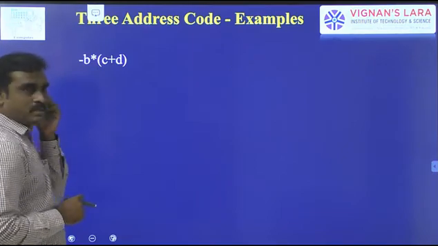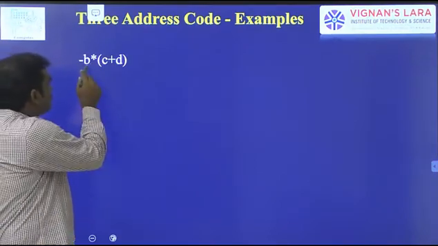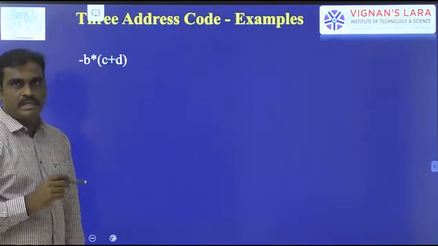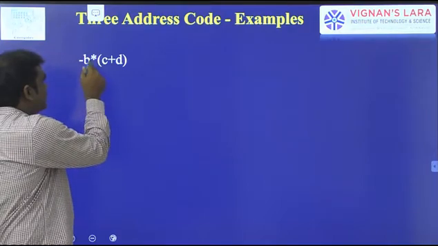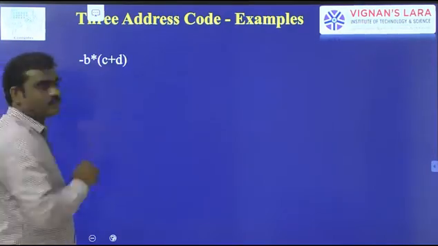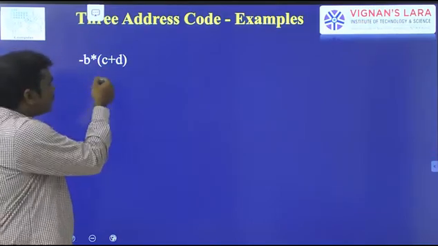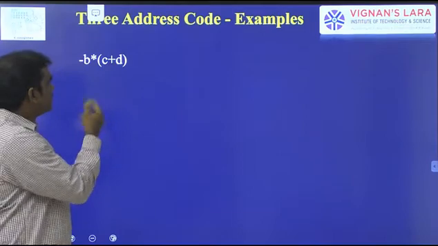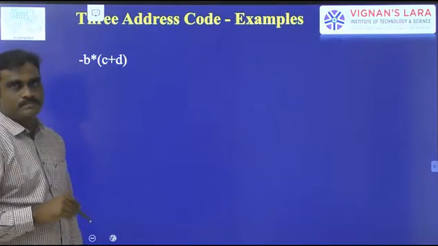And take the third example. Here in this case, we have a total of 3 operands, B, C, D, and also 3 operators: minus, star, plus. And one more thing is parentheses. The expression contains some parentheses. So first, how to evaluate this expression, minus B star C plus D?